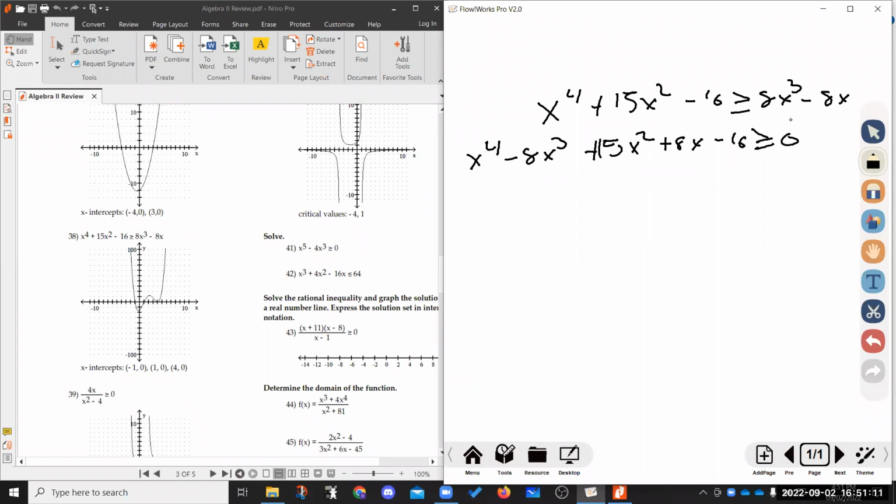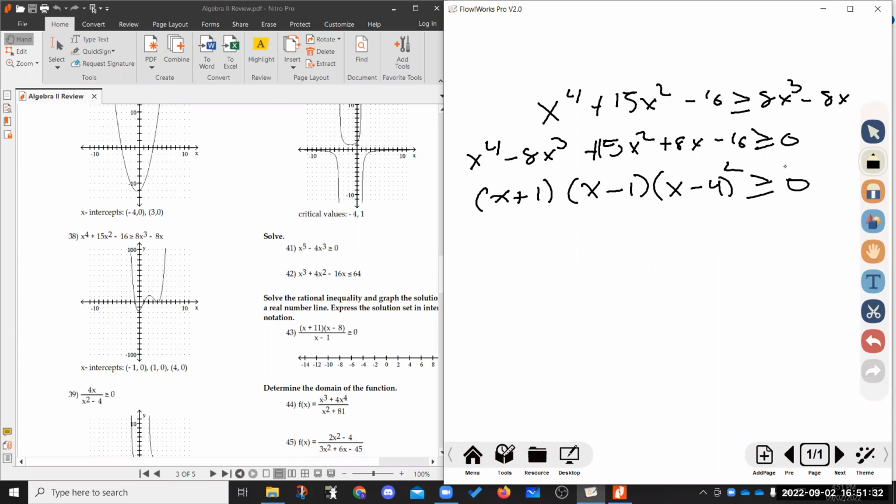They've already shown the intercepts here to me and given a way that this factors as (x + 1)(x - 1)(x - 4)^2.